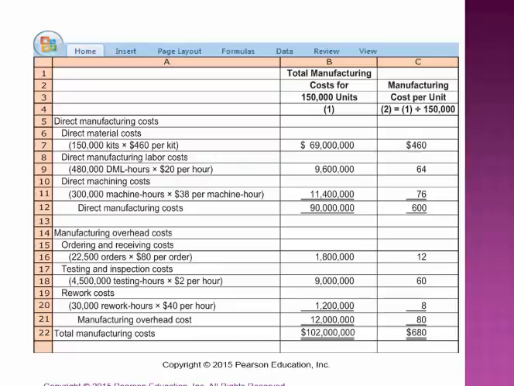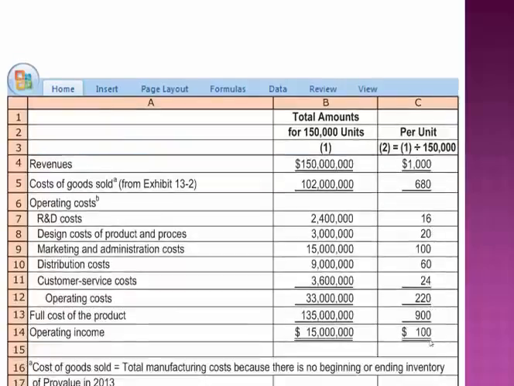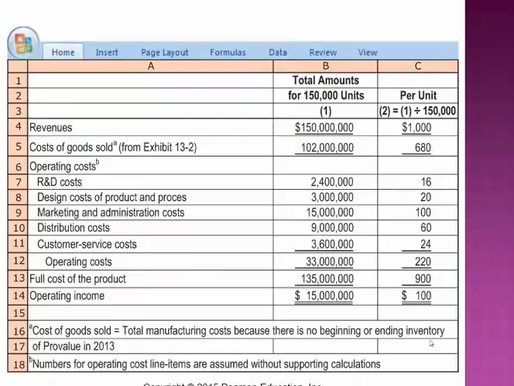Notice right now that this is $680. And we're actually selling all of those units. They cost us $680 to make. But we know we have other costs that we incur above and beyond these manufacturing costs. Which brings us to the next set of information.